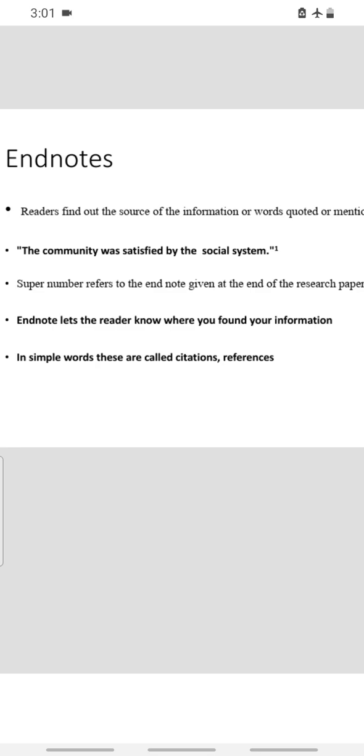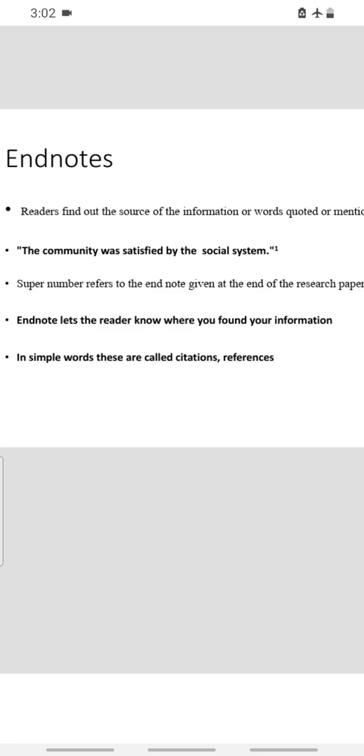So at the end of the thesis or the research article, when we give the reference of this line, from which source this line has been taken, we will write the same super number one. So the reader will easily understand that number one refers back to number one, and it will be easy for the reader to get information about which source this information has been taken from.